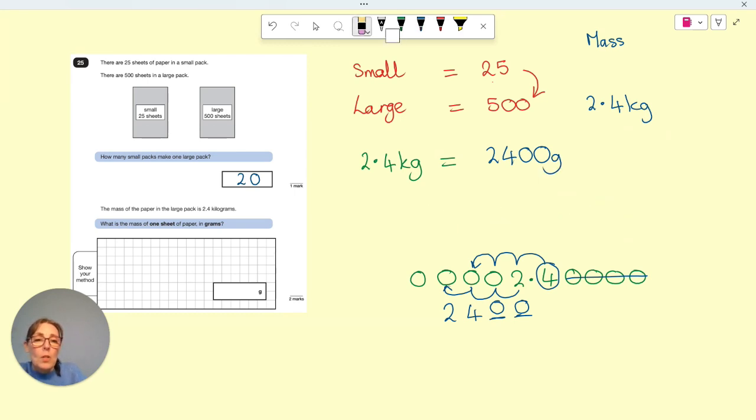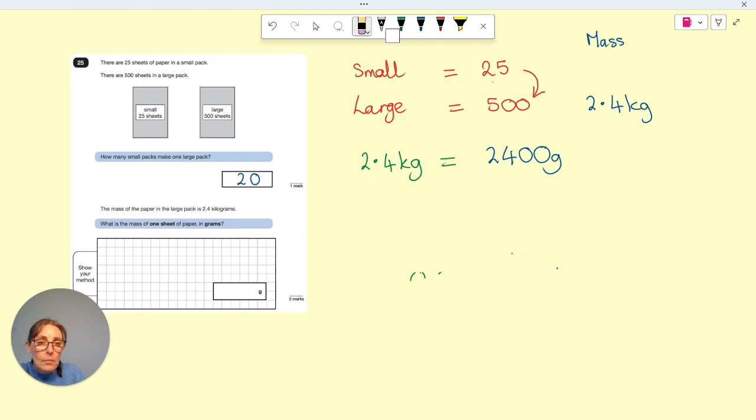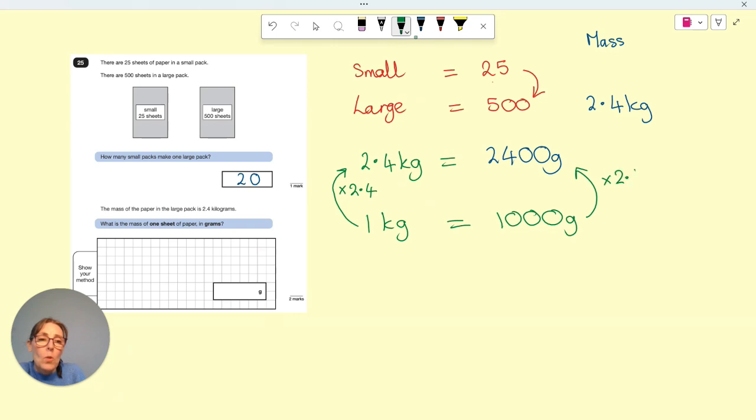Let me just put this, I normally put 1 kilogram equals 1,000 grams. So my multiplier here is going to be 1 times 2.4 is 2.4, and 1,000 multiplied by 2.4 is 2,400 grams.